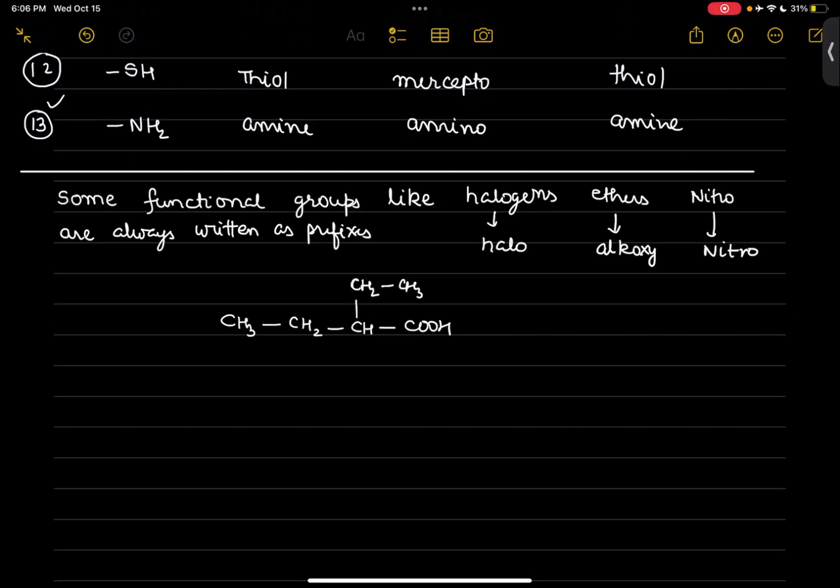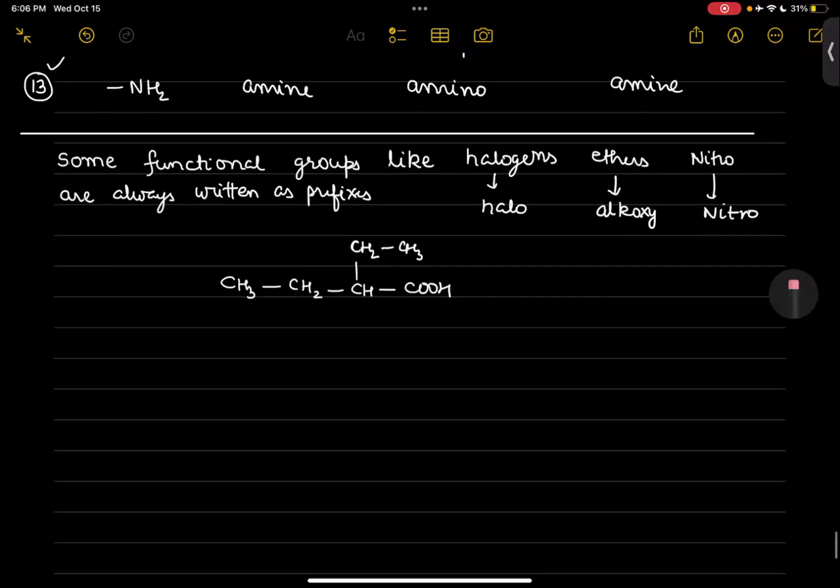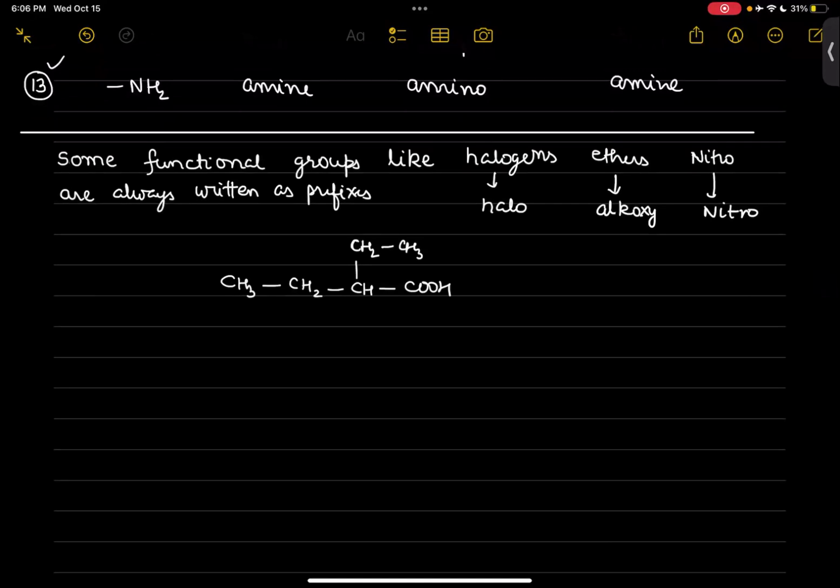The first thing is the selection of parent chain. We do this every time. What was the definition for the parent chain, and how are we going to select it? It is the longest carbon chain. And if it is equal, it should start from where the branch starts.